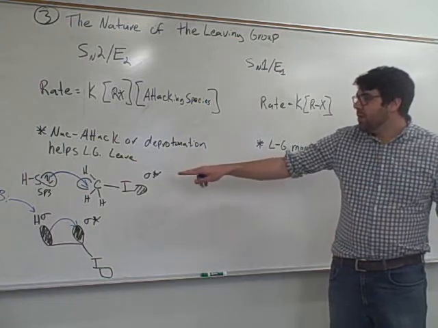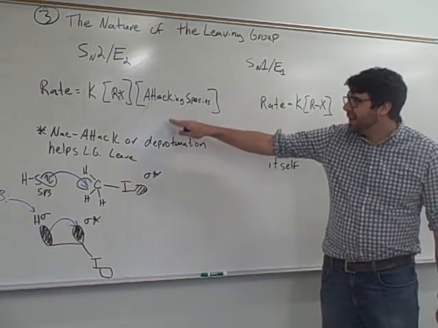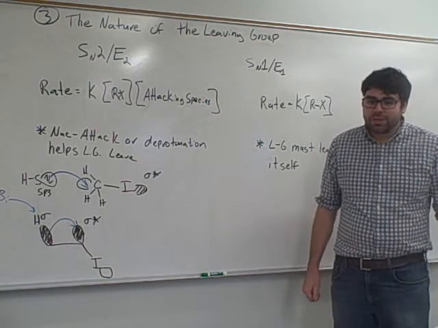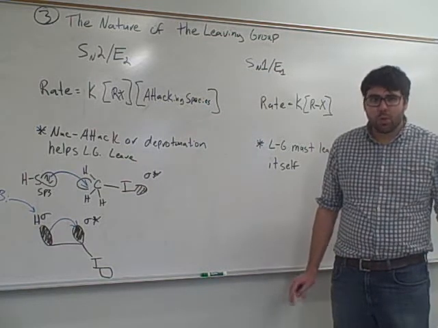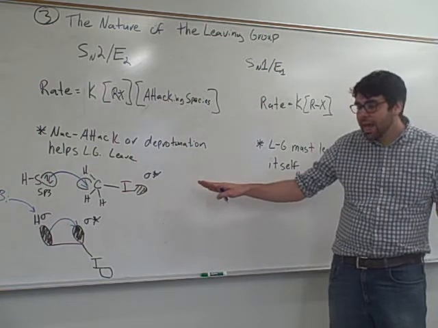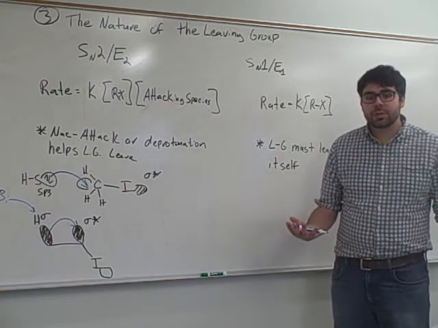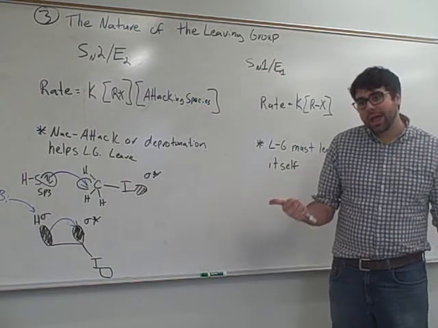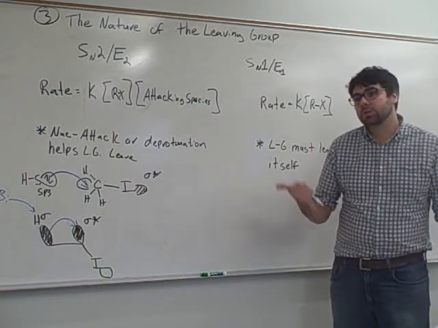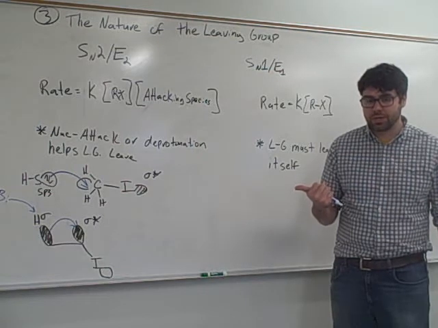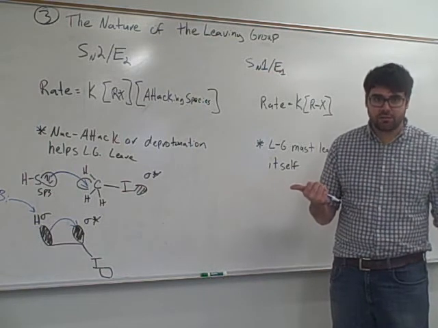And while a poor leaving group is more likely to go through SN2-E2, it is also more likely to make your reaction slower. So while your book will tell you this, take that with a grain of salt, because in all practicalities you want your reaction to be both selective and to happen at a reasonable rate. Nobody really wants to sit in lab for 9 hours waiting for an SN2 reaction to happen. Trust me, been there, done that, not fun.